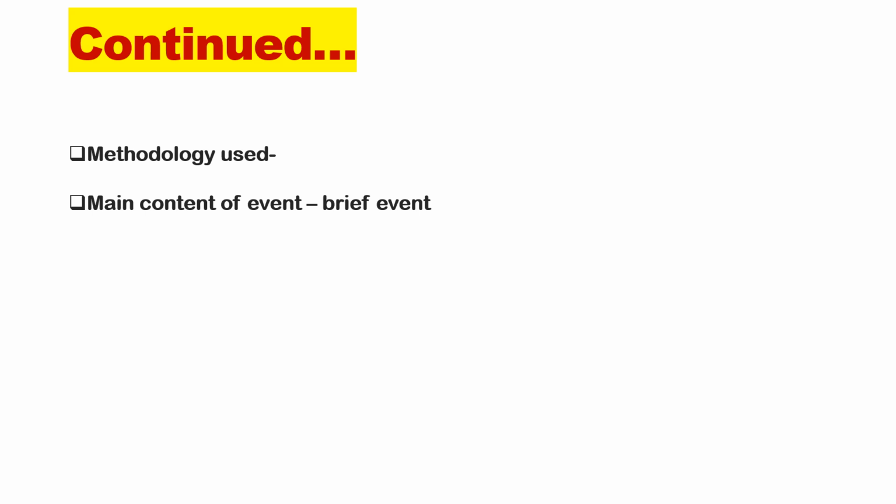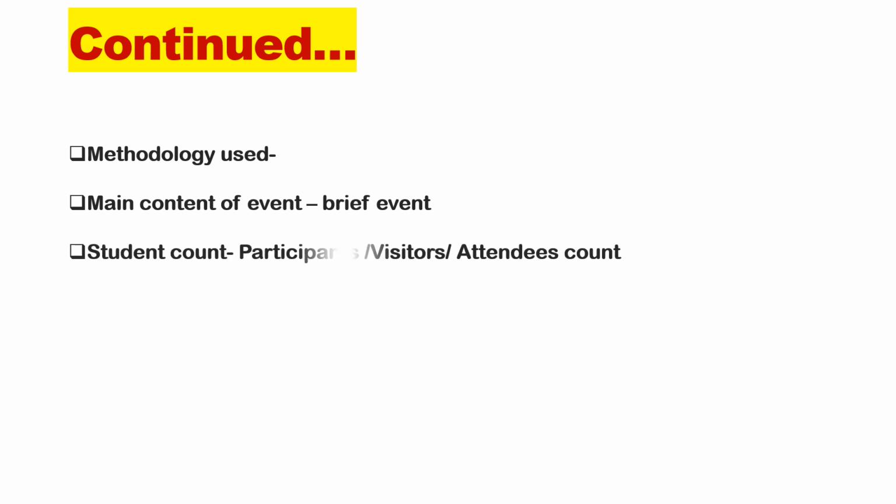After that, this is the important point because it covers the main content of the event. Now you need to brief the event here under this point, that is, main content of the event.